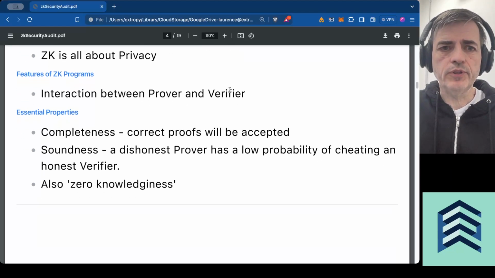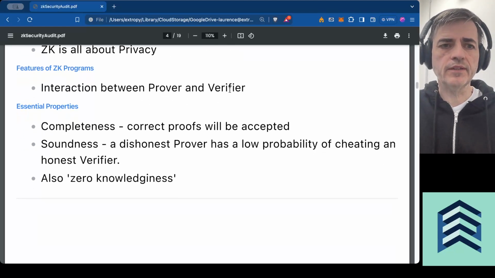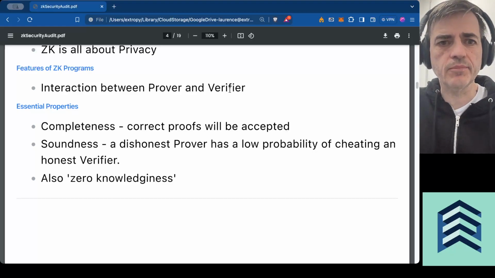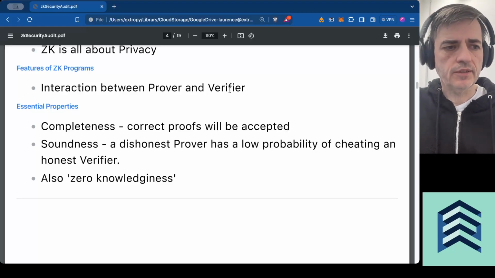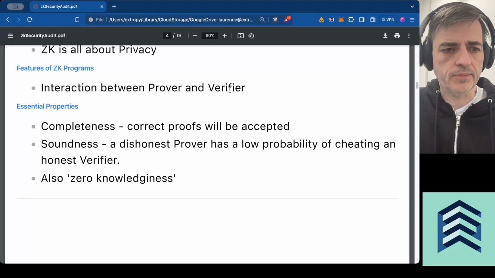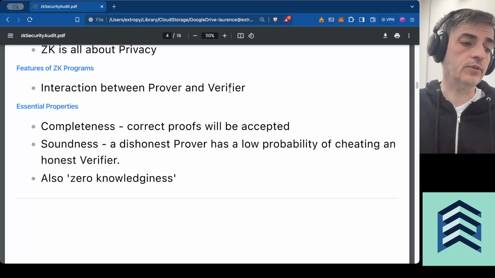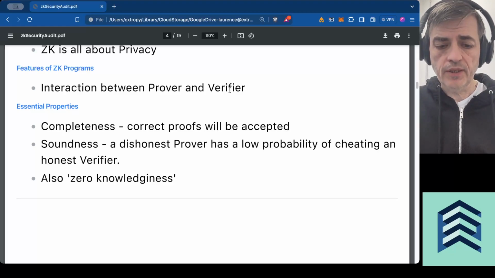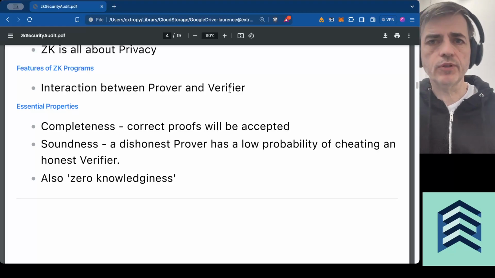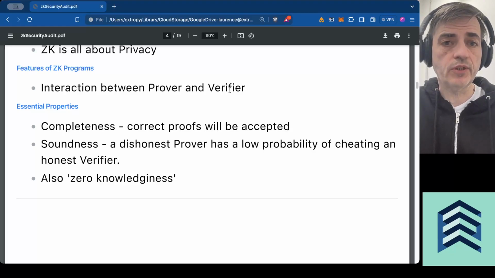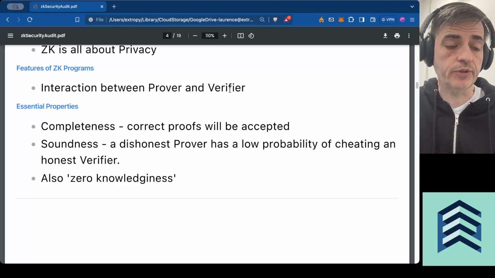If you're new to ZK, the essential thing you need to think about is that a ZK application or protocol is an interaction between a prover and a verifier. The prover has made some claim, and they want to create a proof that will convince the verifier that their claim is true.